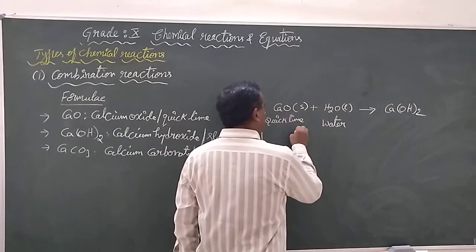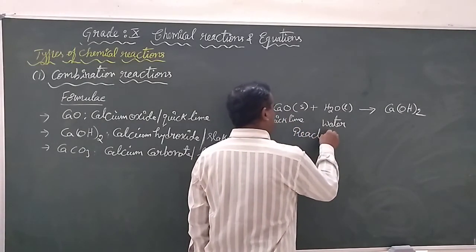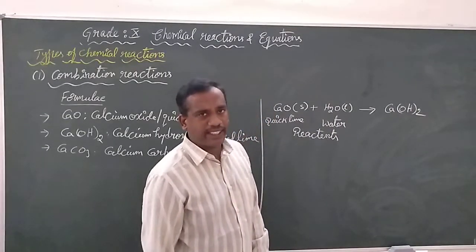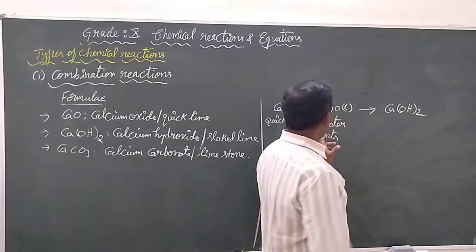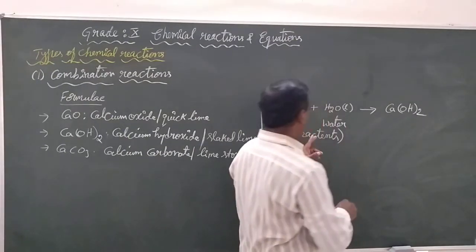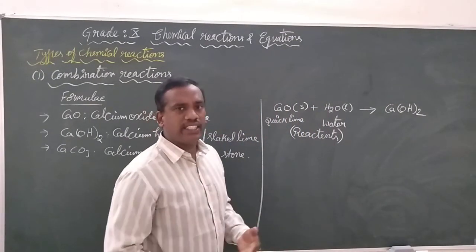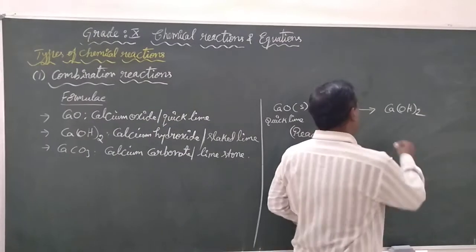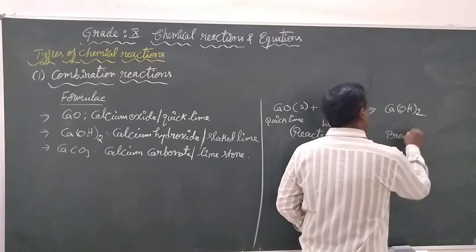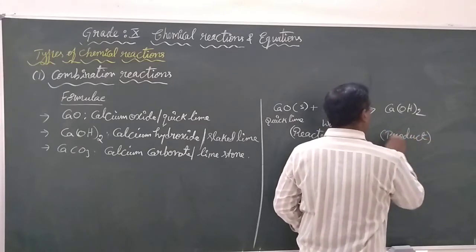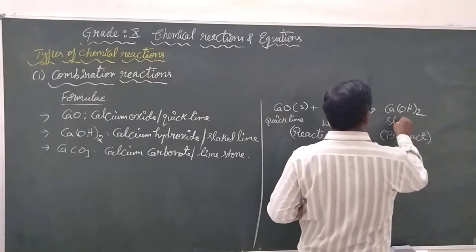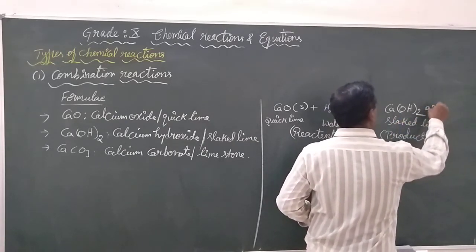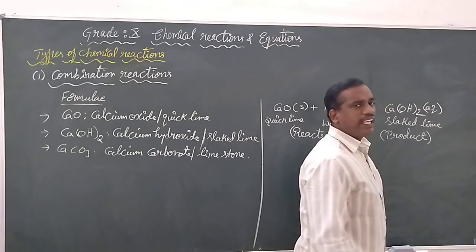These both are called reactants. And when the two reactants are combined with each other, they form only one product, that is called slaked lime. It is generally dissolved in water, so we mention it as aqueous state.